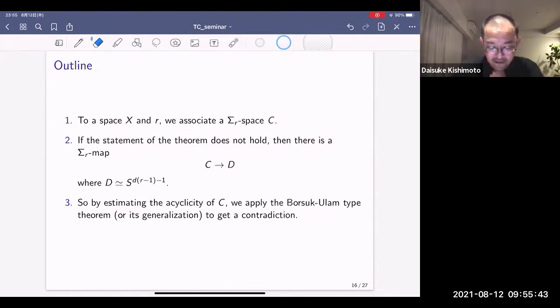The second step is this. If the statement of the main theorem does not hold, then we can construct a sigma R map from our C into D, where D is homotopy equivalent to the D times R minus one sphere.